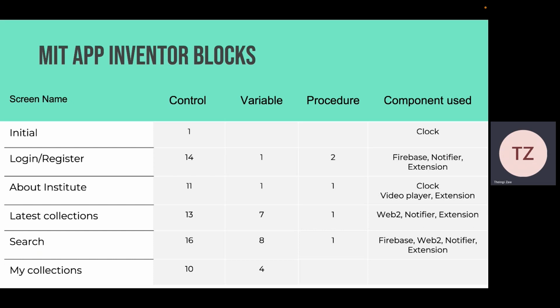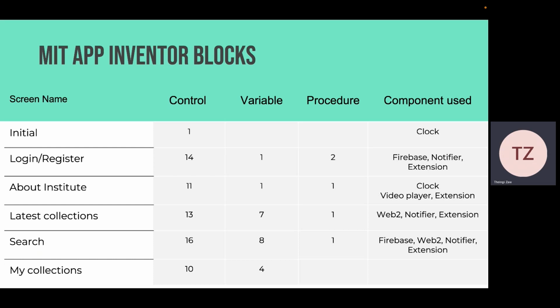Then I use the Firebase database to save and retrieve the data, the Notifier for the phone validation, and an extension for the screen navigation. For the About Institute screen, 11 control structures, 1 variable and 1 custom procedure are utilized. For this screen, I use a video player for the user to view the video of the institute directly in the application.